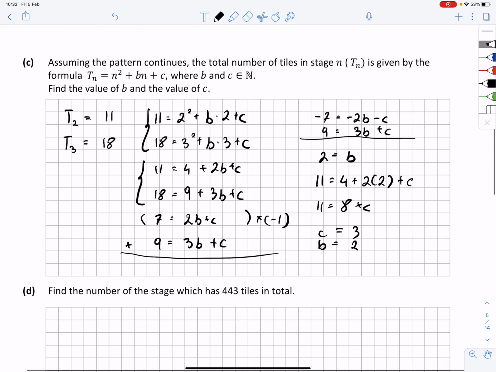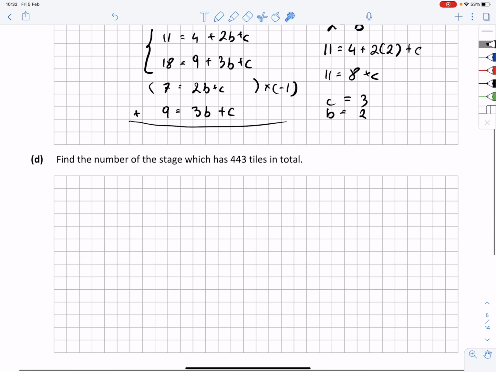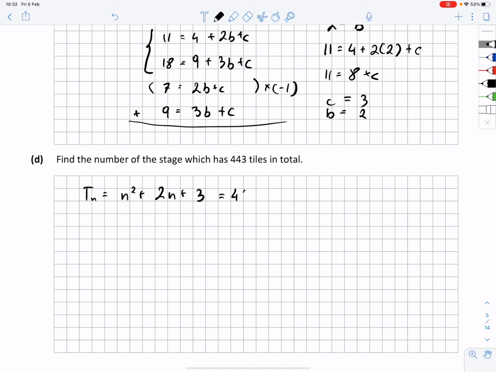So the next thing is we have to find the number of the stage which has 443 total tiles. Now I can use the fact that T of n equals n squared plus 2n plus 3 from the previous calculation. And I also know that this is equal to 443 for some stage n.